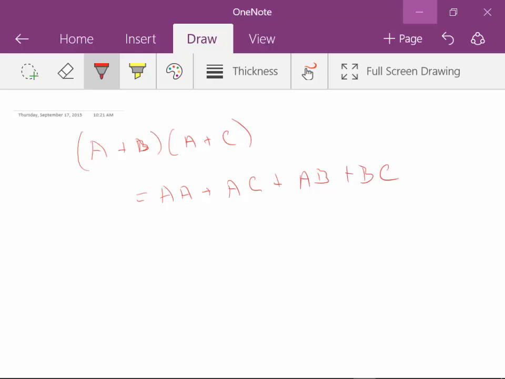Now, what I do to simplify this is I take all three of these terms and factor in A. So this becomes A times (1 plus C plus B), plus BC. This has got a 1 in it, so this whole thing goes away. So we're left with A plus BC, right there.